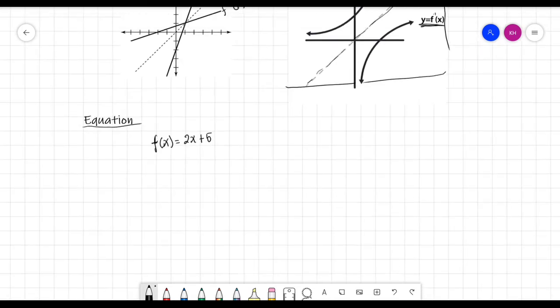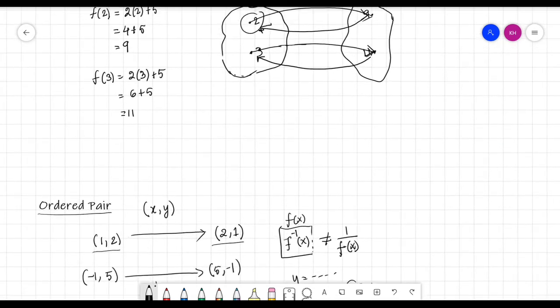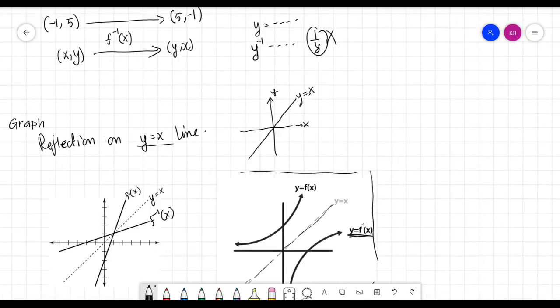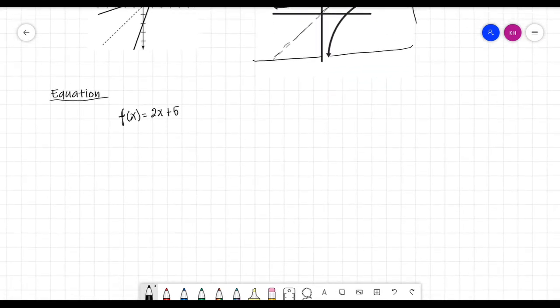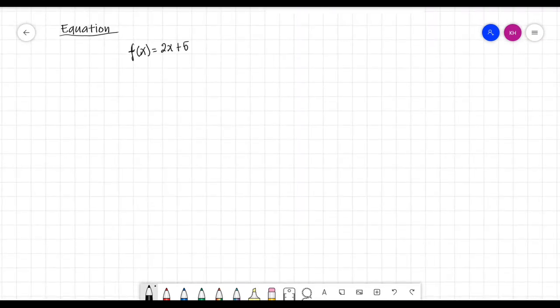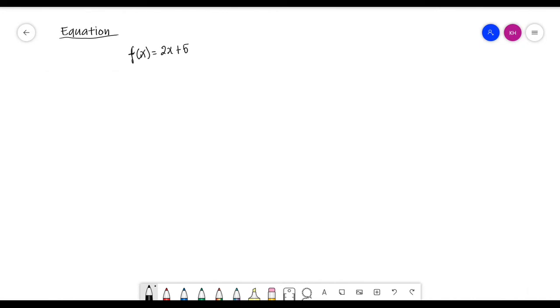Was it plus 5? Let's take a look. Yeah, it was plus 5. So let's look at this equation, 2x plus 5. As we know, this is written using function notation, so we can write this function as y equals 2x plus 5.